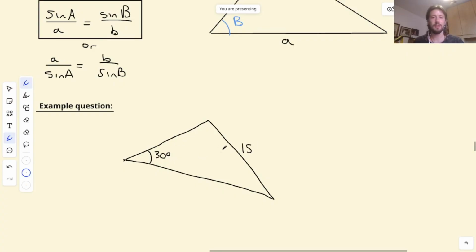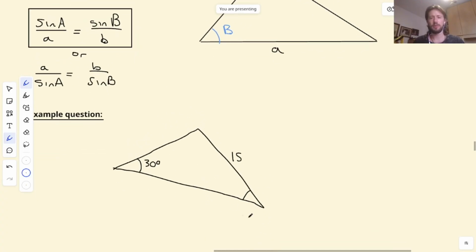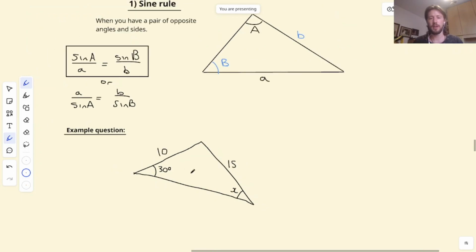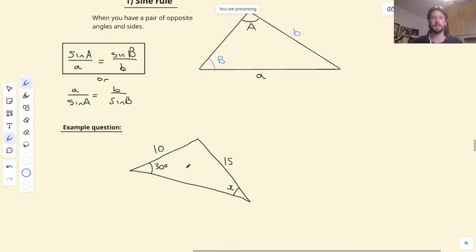Now, imagine that we wanted to find this angle here. If we want to use the sine rule to find that angle, we need another piece of information. We will need this side over here. So let's give that side a value, say 10. And now we want to find x over there. So we're dealing with angles and opposite sides pairs, like so.